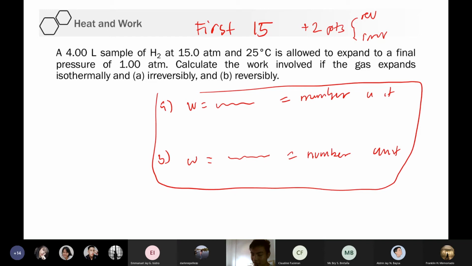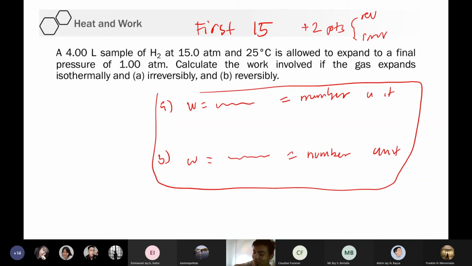Wala pa rin nagsasagot. Baka mauna pa ako matapos mag-assemble neto.